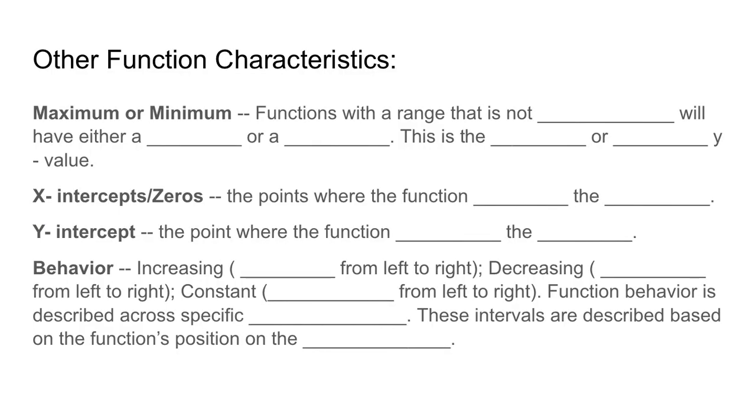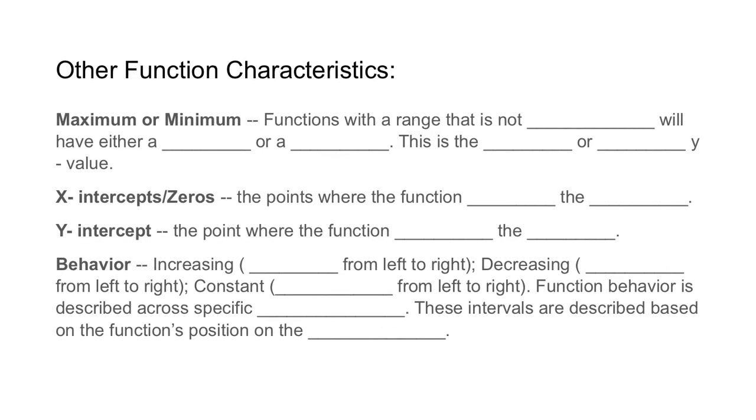Other things I want you to be able to describe about functions are maximum or minimum. So if they have a range that is not infinite, then there's a chance there's going to be a maximum or a minimum, depending on if there's a highest point or a lowest point on your y.